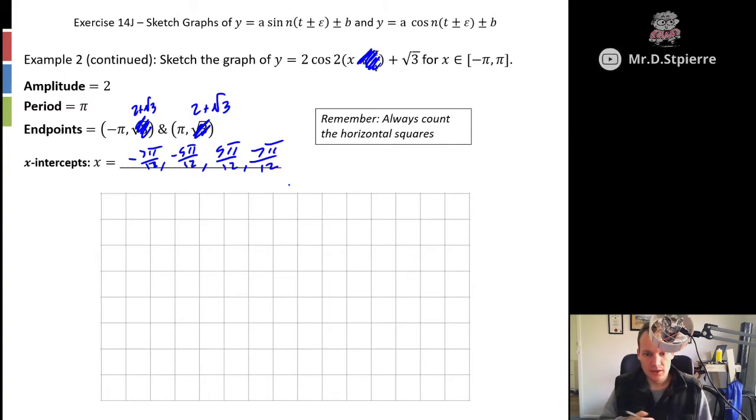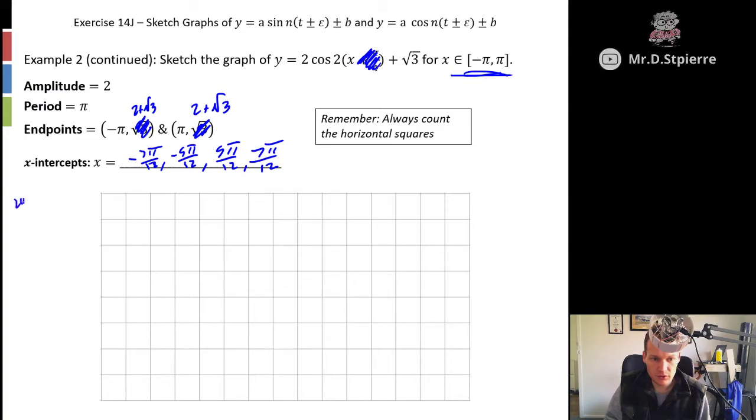Rightio, this one's a hard one because we're going all the way from effectively negative pi to pi. But we've got intervals of pi on 12, so if we did that, that means we'd need 24 blocks, which is a bit hard. We don't have 24 blocks across.